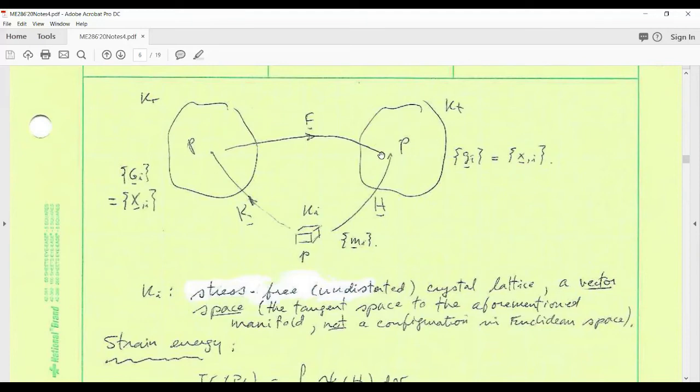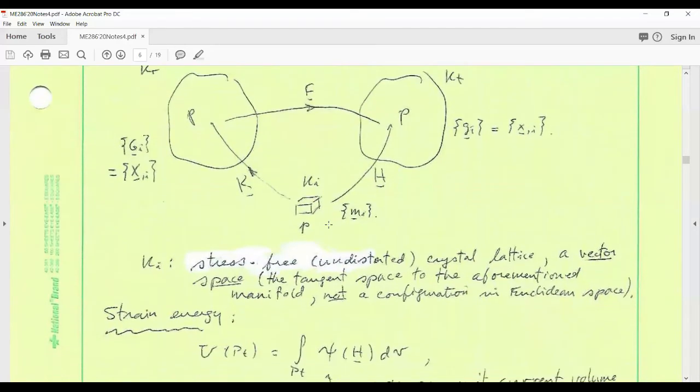Kappa T is a global configuration in Euclidean space. But this relaxed, stress-free state can only be global in a non-Euclidean space. And I can't see it because our eyes are trained to recognize objects in Euclidean space. So I have to regard it as a kind of local concept tangent to a global non-Euclidean manifold.